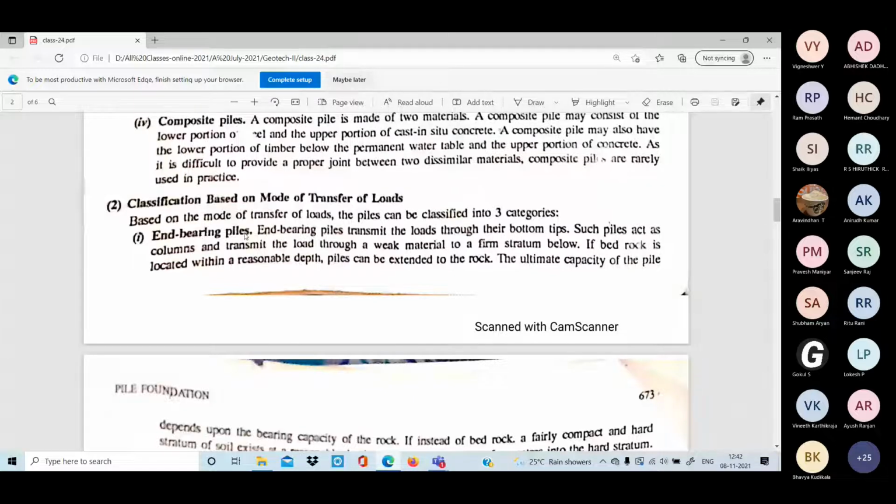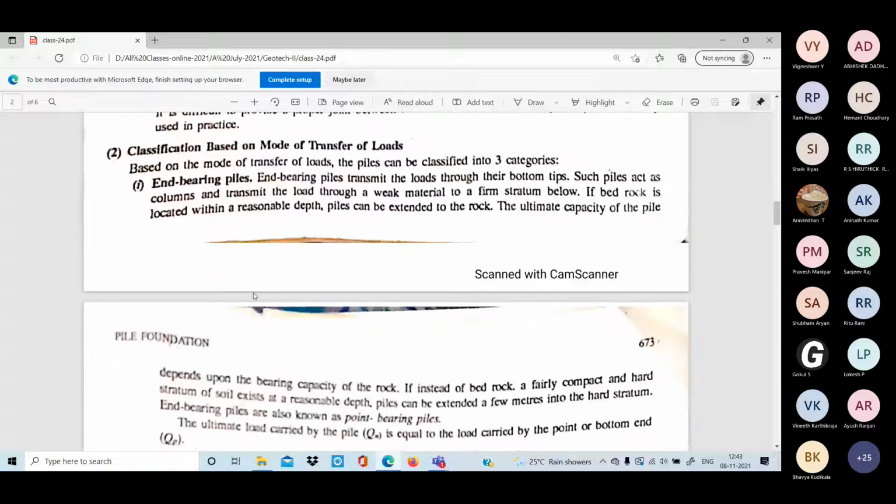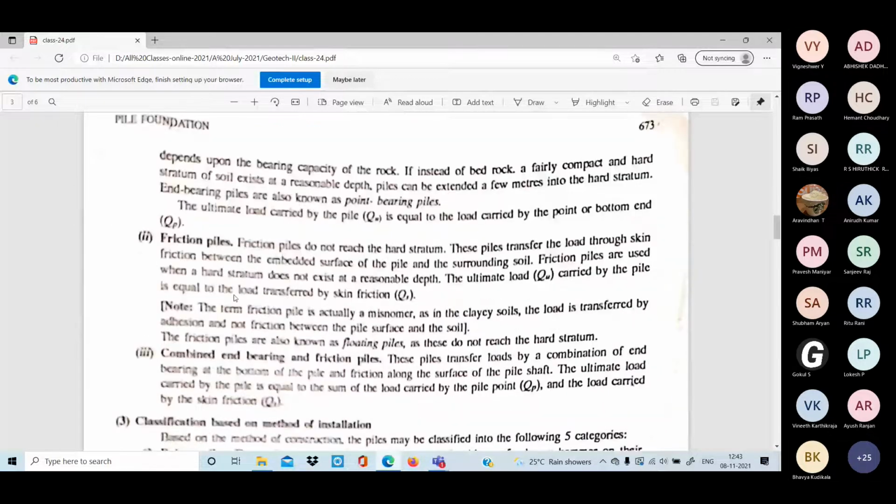End bearing piles transfer the loads through their bottom tips. Such piles act as columns and transmit the load through a weak material. So it passes through a weak material and the whole load will be transferred to the end strata. The ultimate load carried by the pile is carried by the bottom, that is the tip.